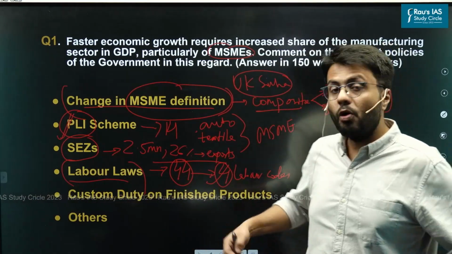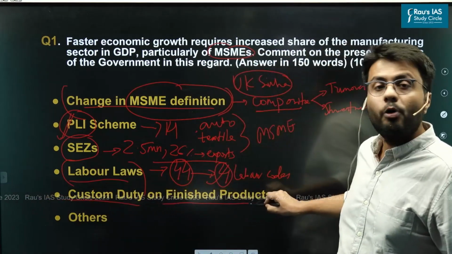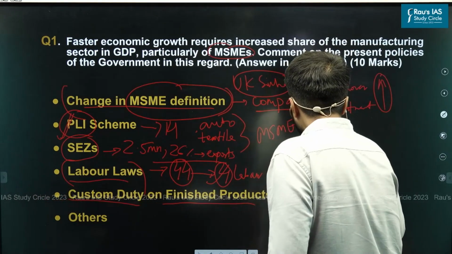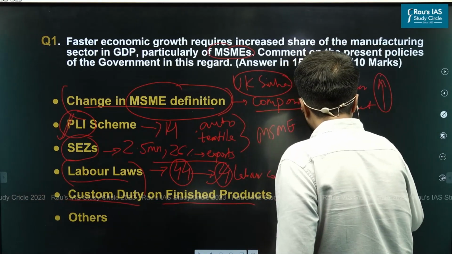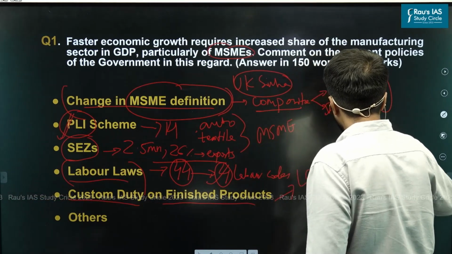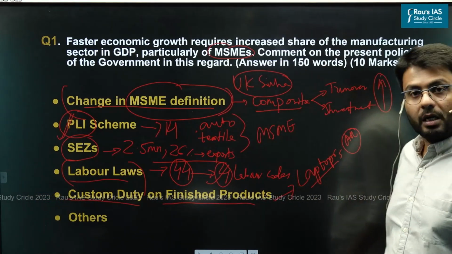Further, government has also started to impose customs duty on finished imported products. For example, government recently banned imports of laptops as well as other computer products.